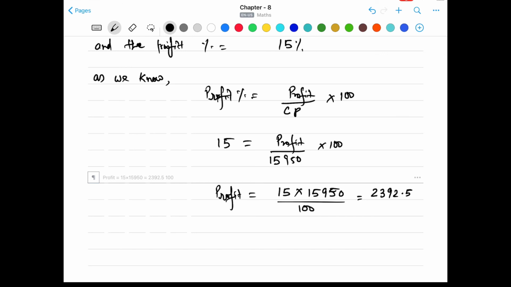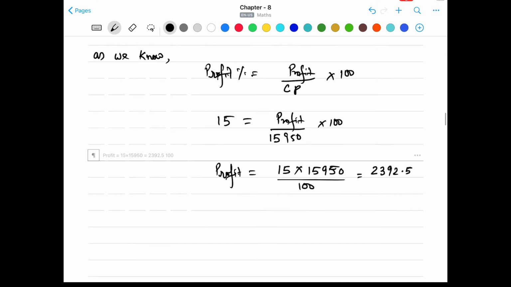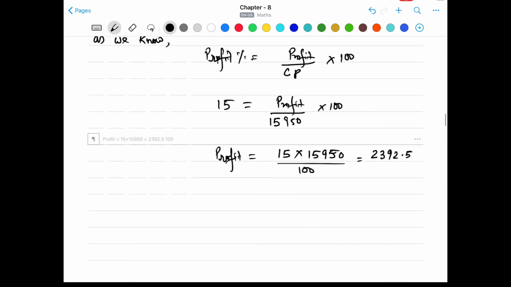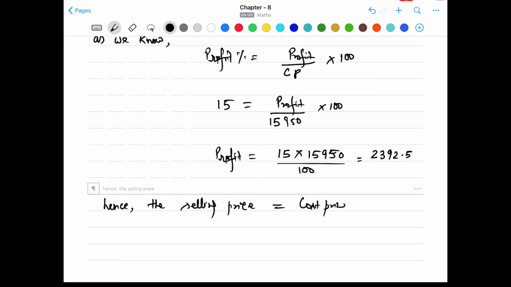Now the final price of the article, that is the selling price, will be the cost price plus the profit. Hence the selling price will be equal to cost price plus profit.